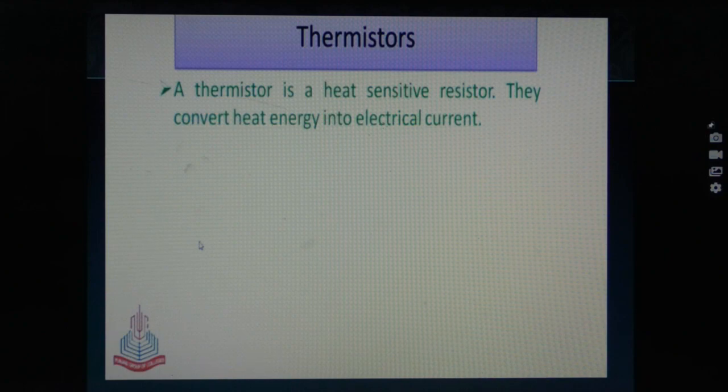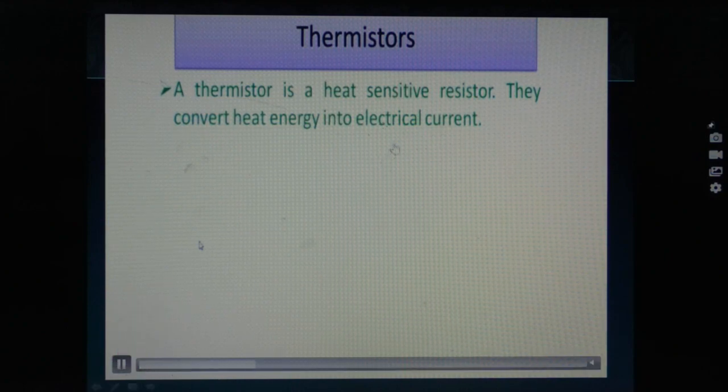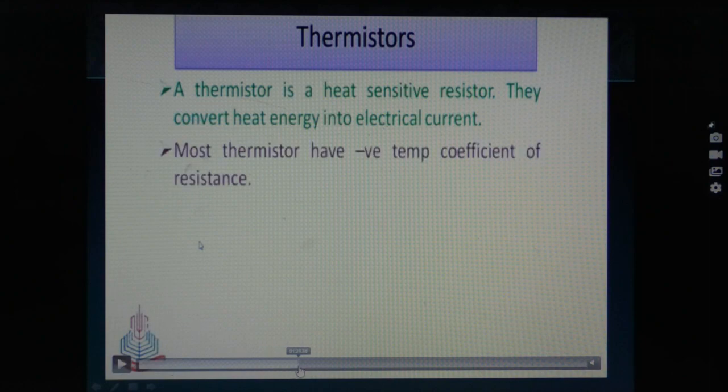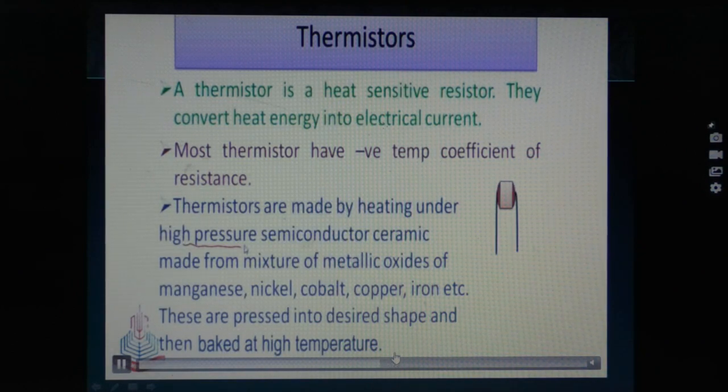By changing the resistance, this in turn changes the electric current. All right. What happens then? Most thermistors have negative temperature coefficient of resistance. This we have discussed earlier, that most of the thermistors have negative temperature coefficient.